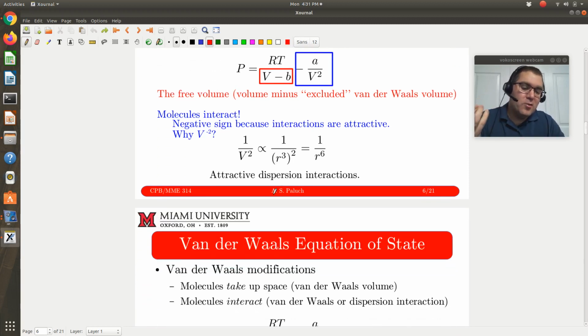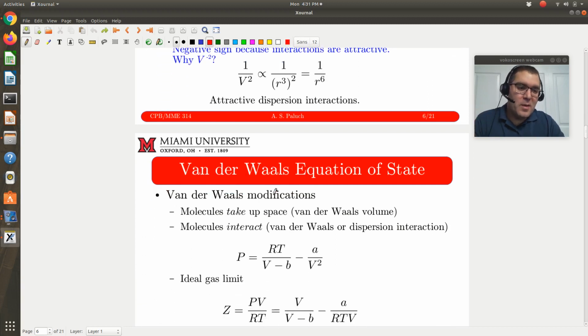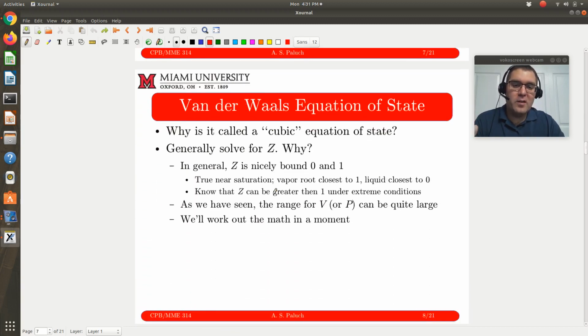And as we mentioned earlier, V has some issues, and so it's often more convenient to work with Z. Why Z? In general, Z is going to be bound between 0 and 1, in addition to being dimensionless, where the range of V is going to be much larger.